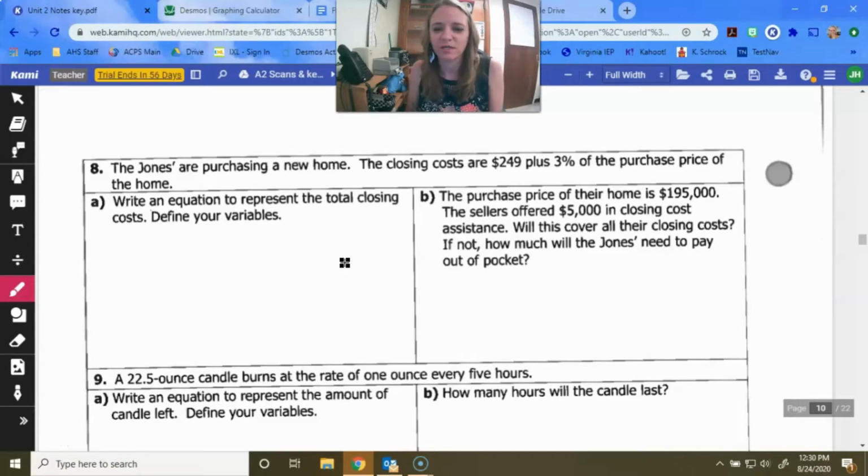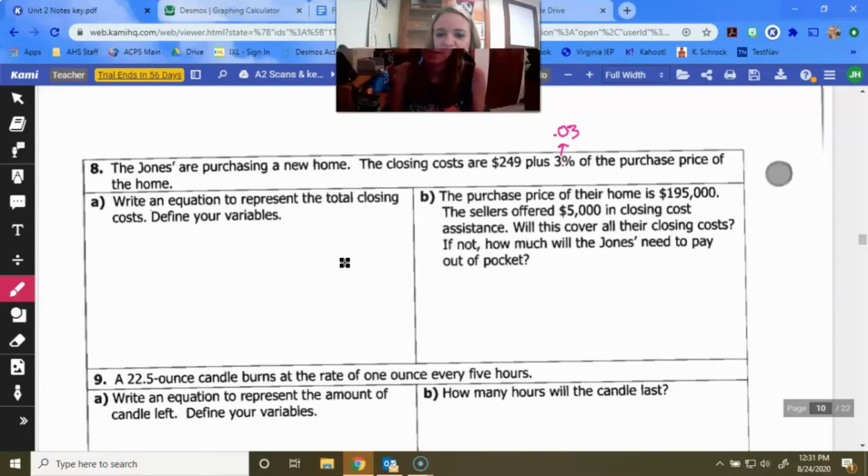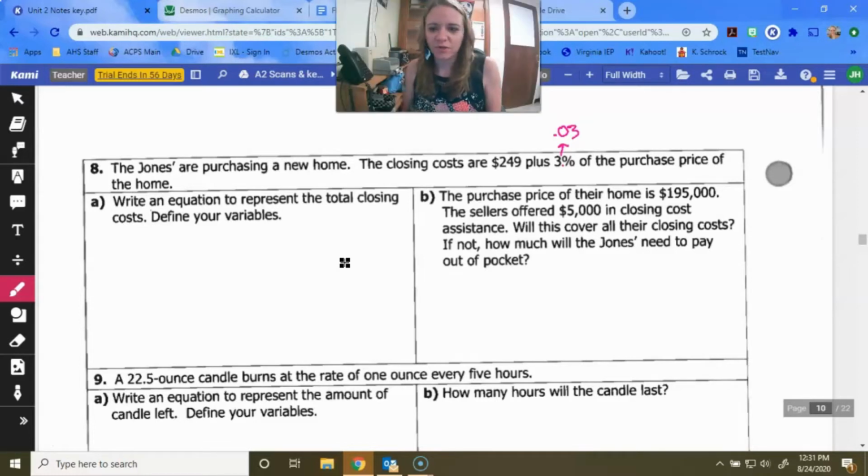So 3%. Now, one important thing to do is anytime we have a percent, we can't just throw it into an equation as 3. We have to change it to a decimal. That is vital. So percent is per 100, so you move it over 2 places. So that's really 0.03. Okay, always do that whenever you are given a percent of the purchase price.